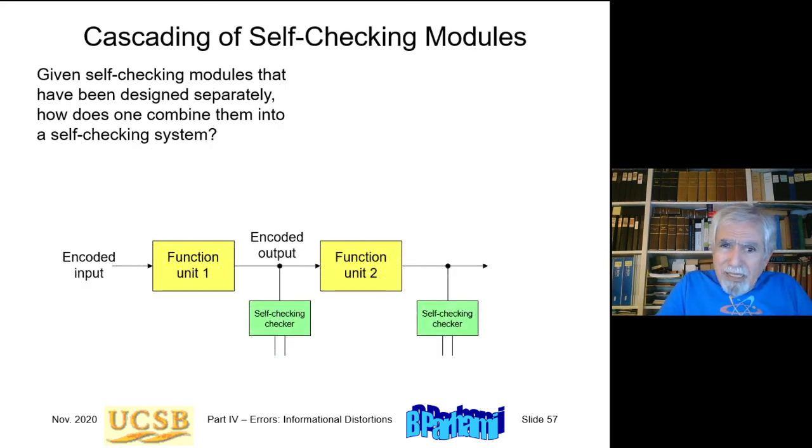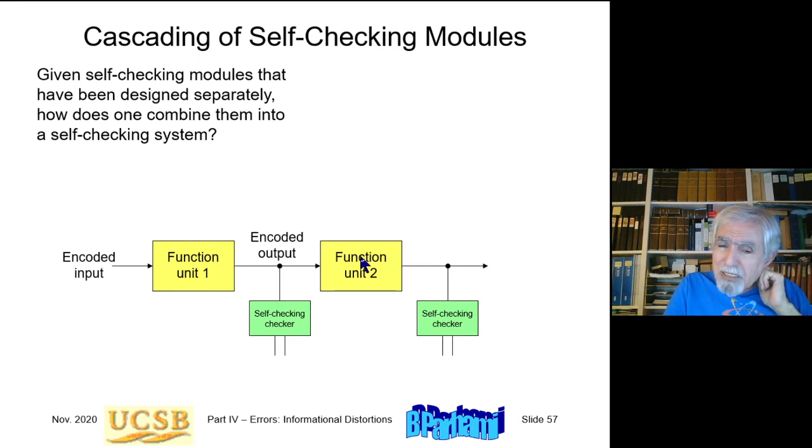Okay, we can cascade self-checking units as shown in this diagram. So this is function unit 1, which is self-checking. Its output is checked. Function unit 2, which is self-checking, is checked. Remember I said that we can design function unit 2, let's say, so that if it receives an incorrect input, it generates an incorrect output.